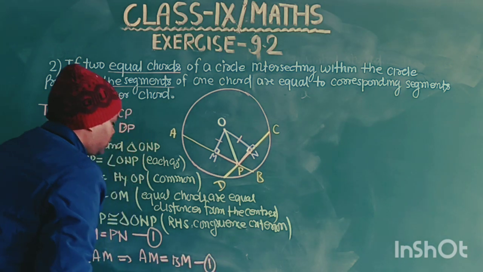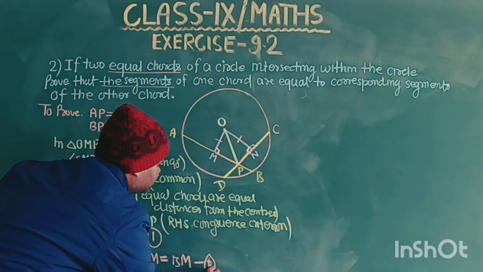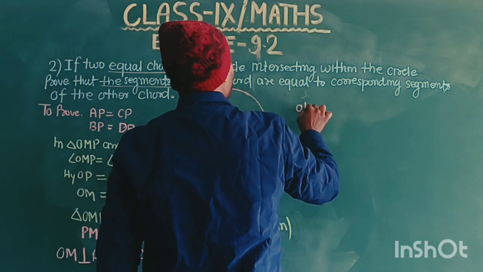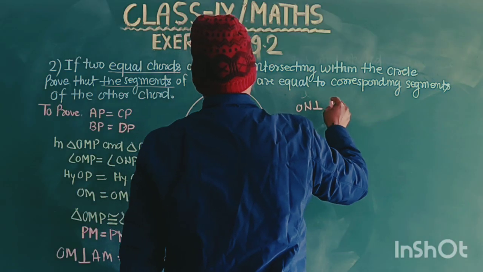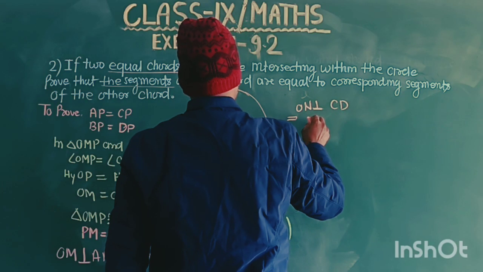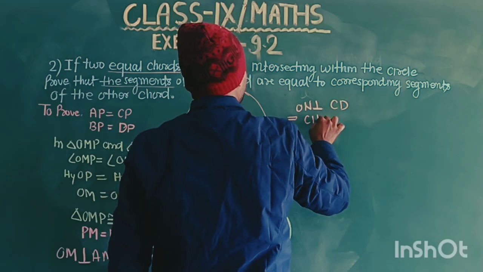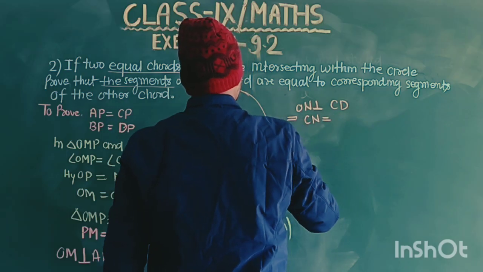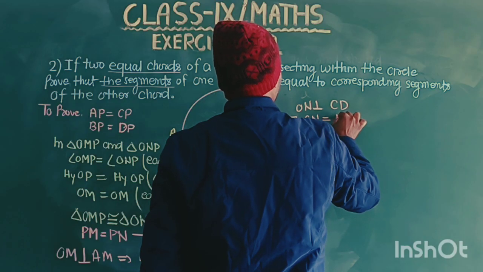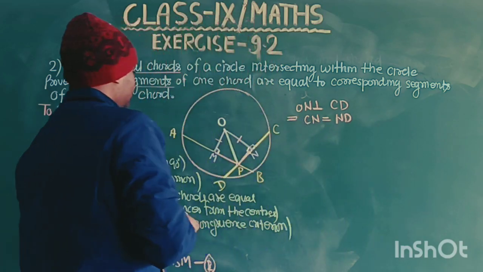This is equation number 2. Also write, ON is perpendicular to CD. This means the distance CN equal to ND.